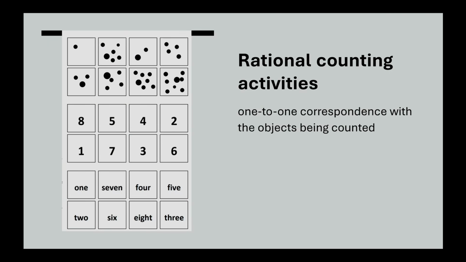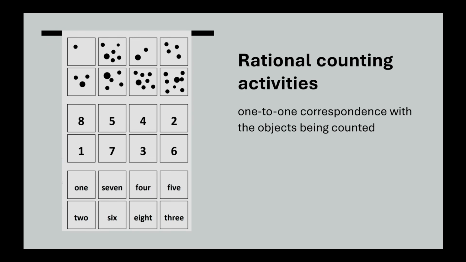This one is counting. We have one-to-one correspondence with the objects being counted. We have the dots, the number in symbol, and the number in word.